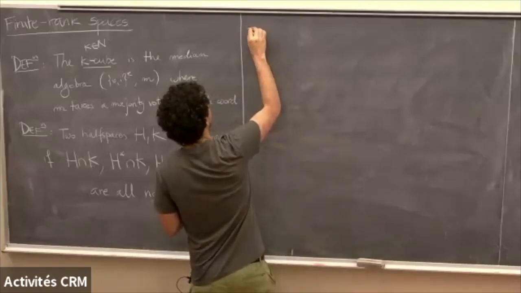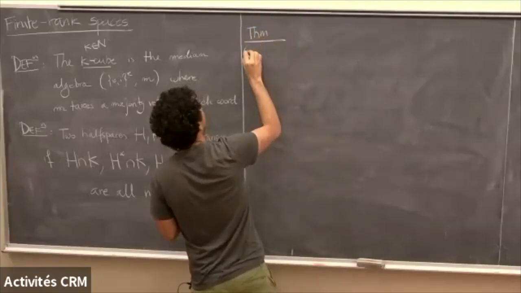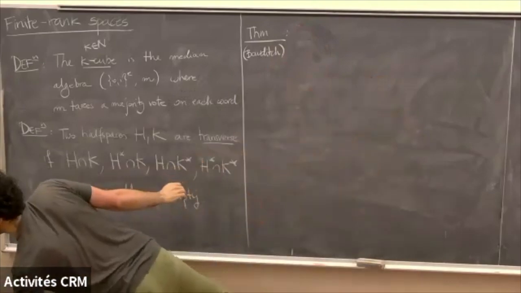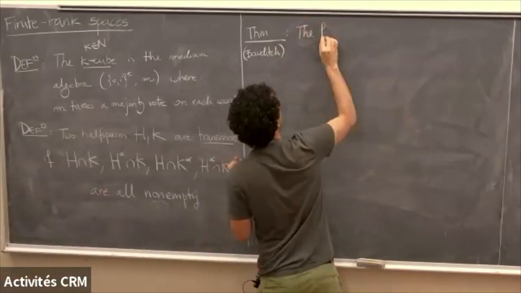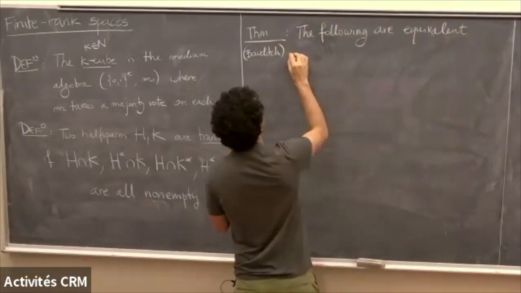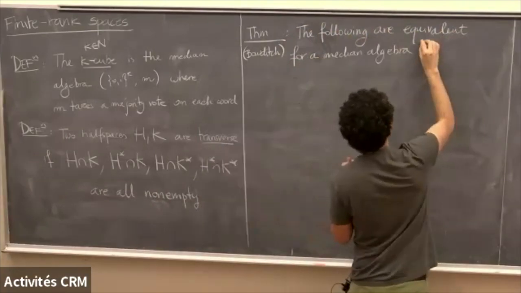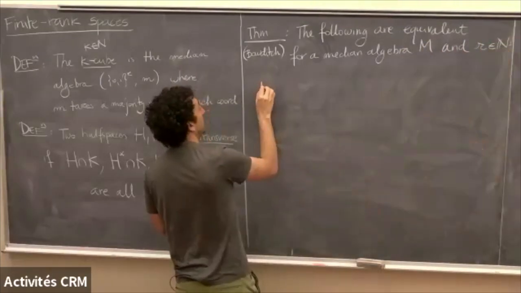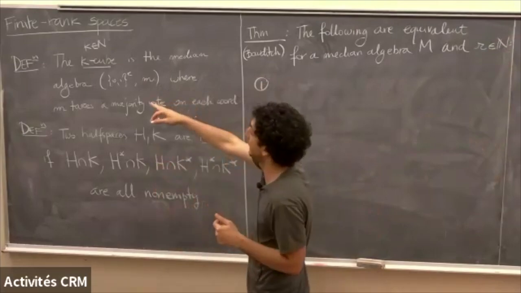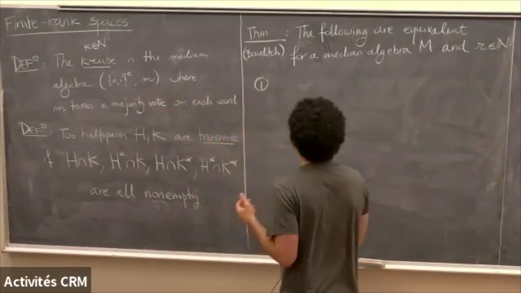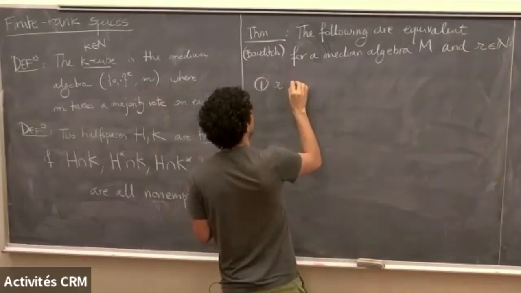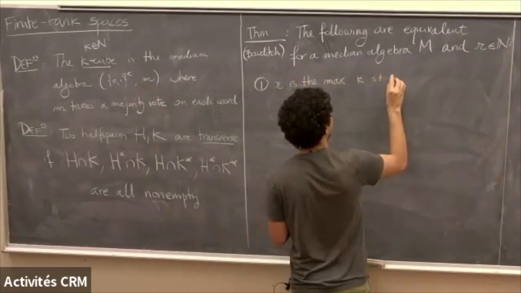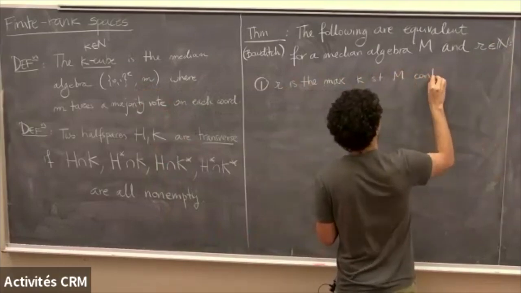Theorem, due to Bowditch: if M is a median algebra, the following are equivalent for M and an integer R. Number one: R is the maximum dimension of a subalgebra that is a cube, so R is the maximum k such that M contains a k-cube as a subalgebra.